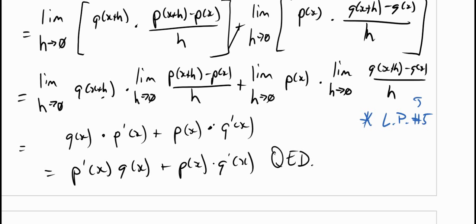What do you think? All right, I'll tell you what. Let's move on. We don't have time to do the proof of the quotient rule, so we'll have to do that tomorrow.